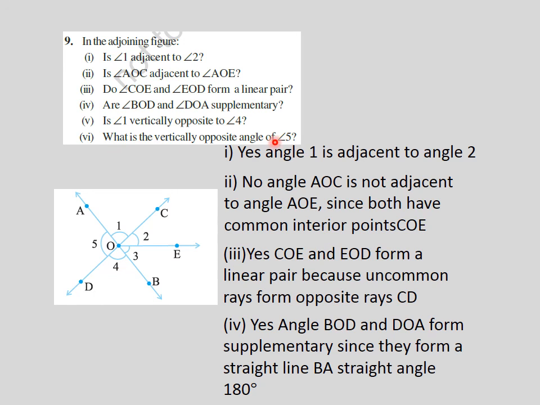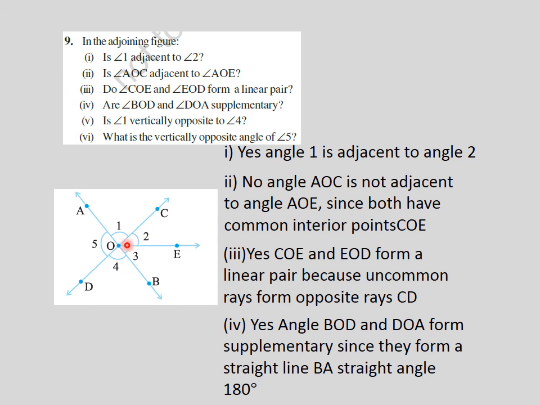What is the vertically opposite angle of 5? Can you tell me? The vertically opposite of 5 is angle 2 plus angle 3. That is COB.